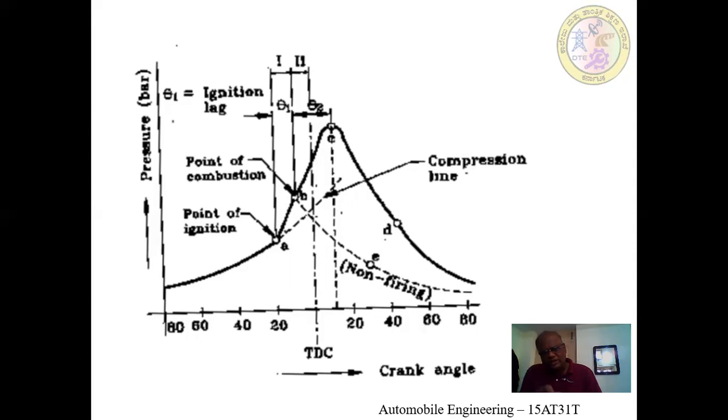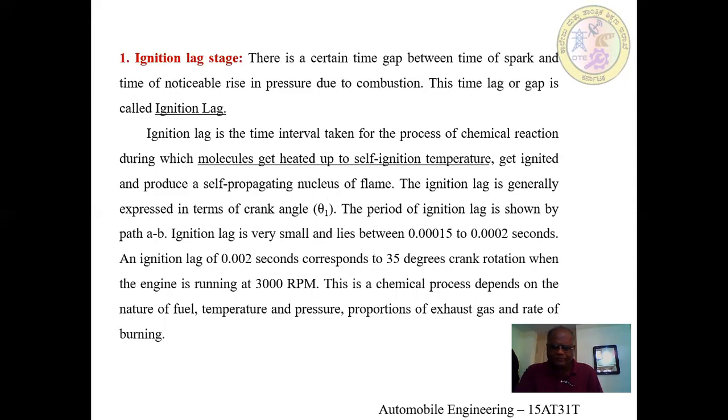That means it is a continuous process of burning of the residual air fuel mixture inside the combustion chamber when the piston travels from TDC to BDC. These are the three phases of combustion in an SI engine.